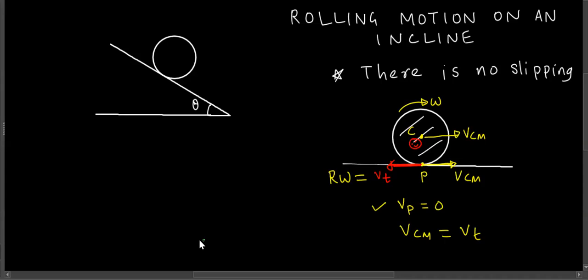And not only that, they should point in opposite directions. Because they are vectors, in some problems, if they point in the same direction, then I can't say that it is rolling without slipping. So for example, let me take the same case.